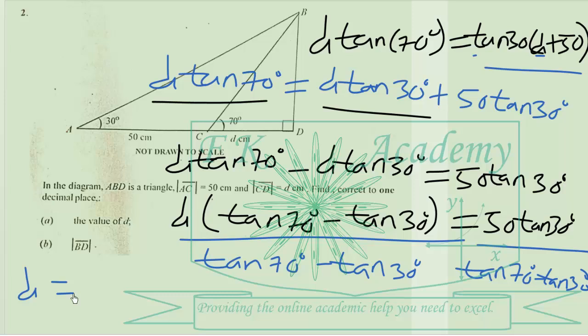50 tan 30. So now you convert tan 30 to decimals, and that will give you 0.57.